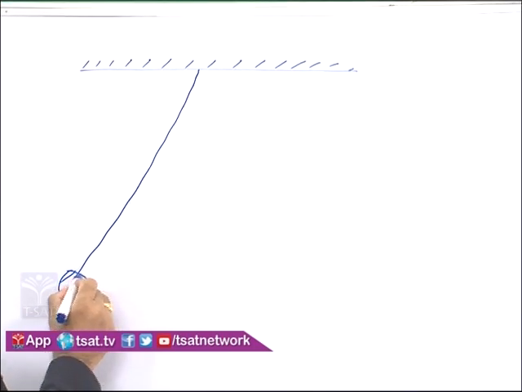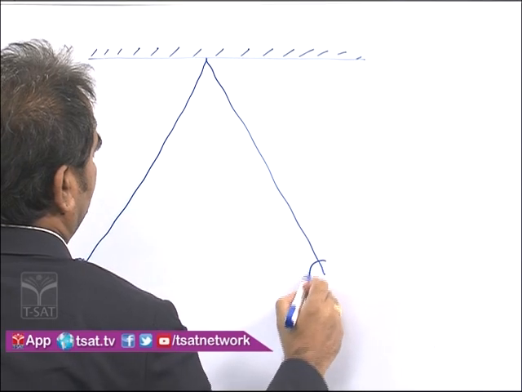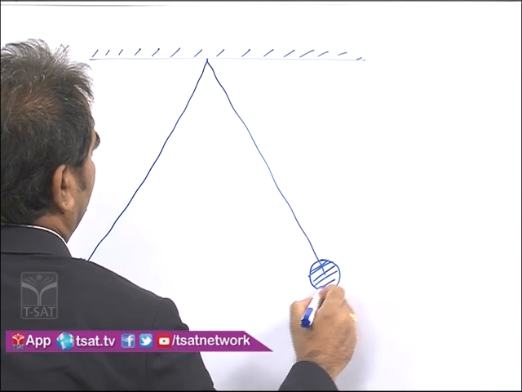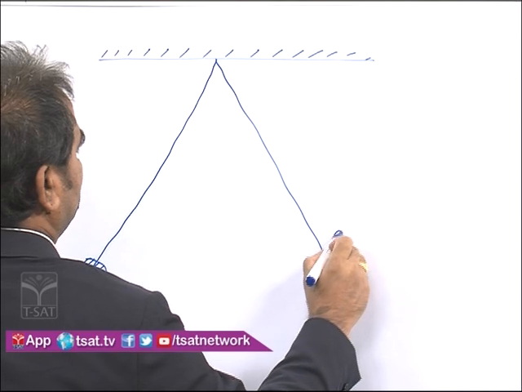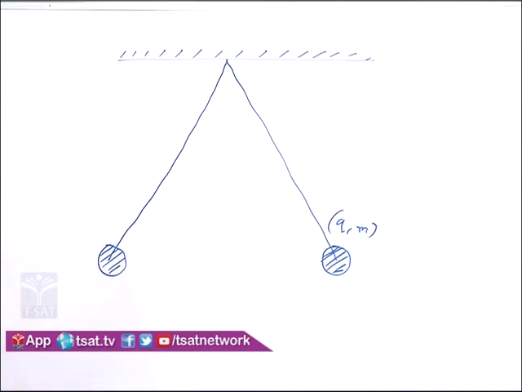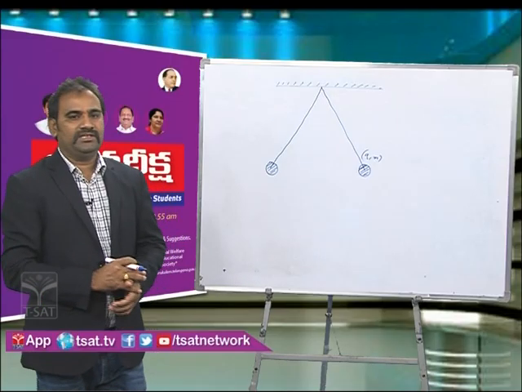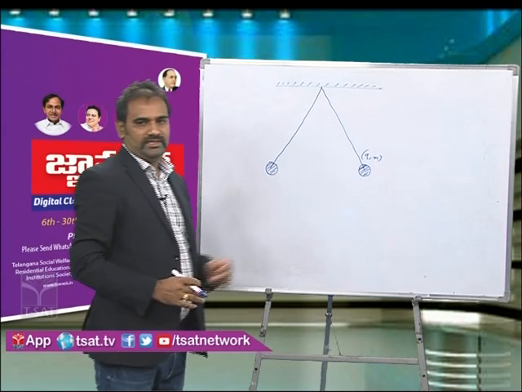This is one of the balls, and this is the other ball. They are carrying the same amount of charge, and both have the same mass m. And they are suspended from a common point by insulating strings. These are the two strings.